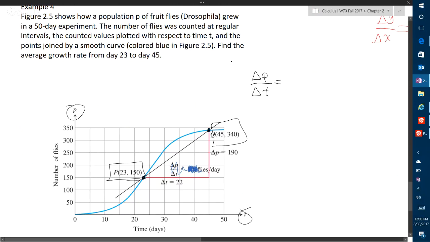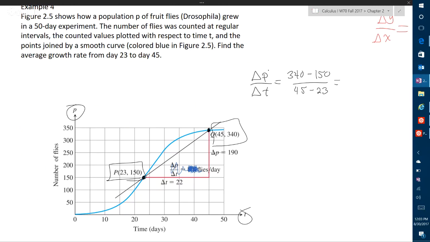340 minus 150, all divided by 45 minus 23. That's the y2 minus y1 divided by x2 minus x1, although in this case we're using P and T. So p2 minus p1 divided by t2 minus t1.